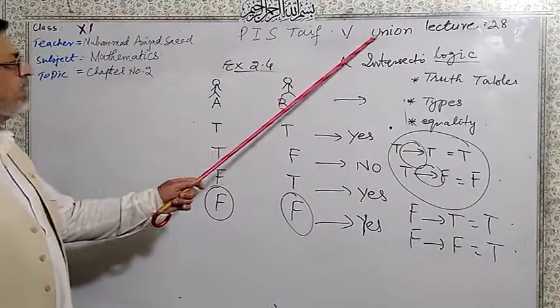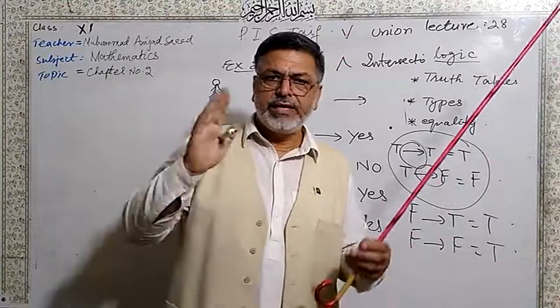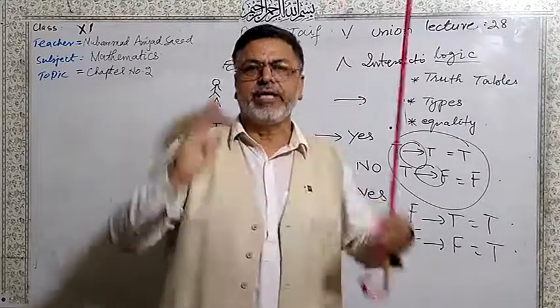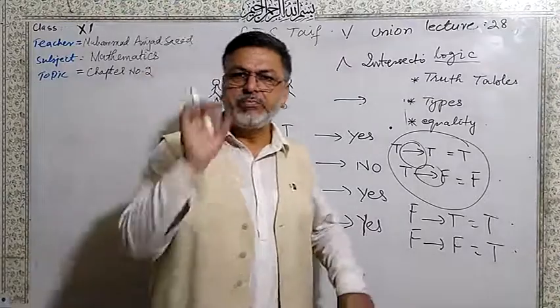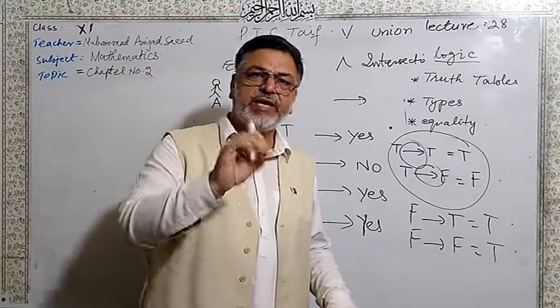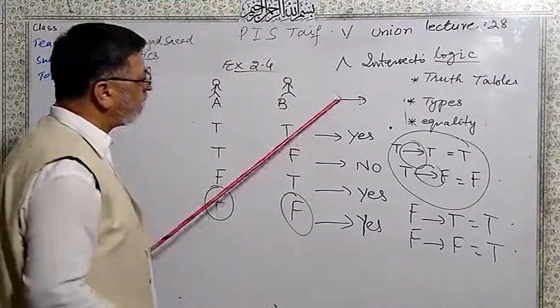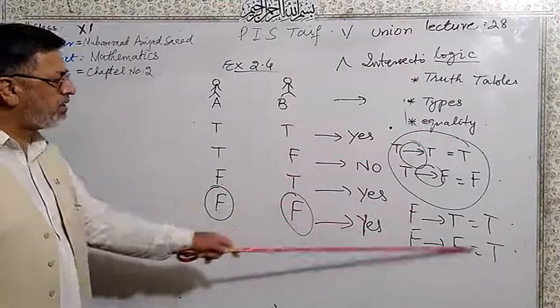In case of union, anyone present in one set will come in the union. But in case of intersection, both must be in the set. That's the way you get them in intersection. Implies is this one. This is the logic of implies.